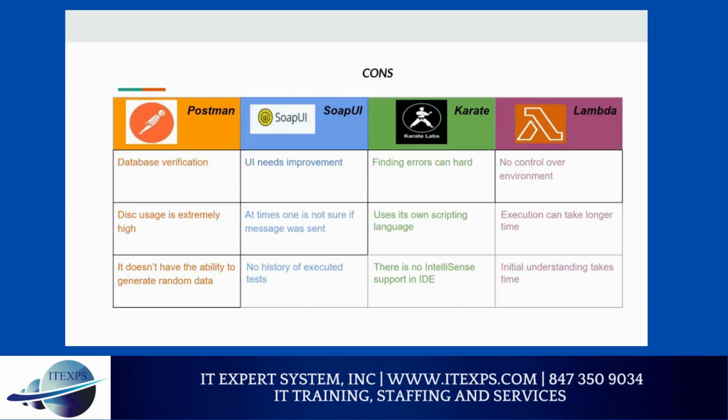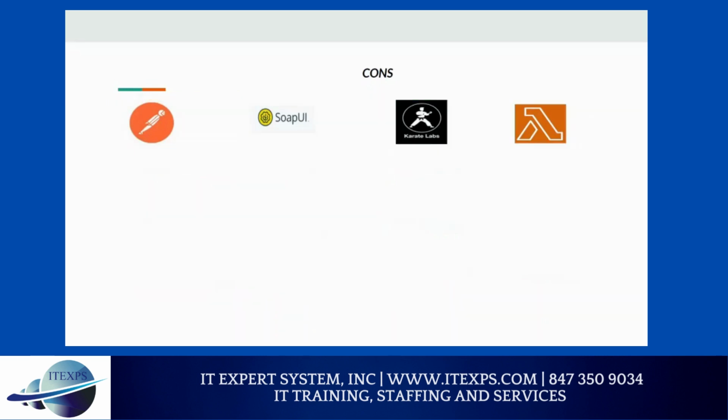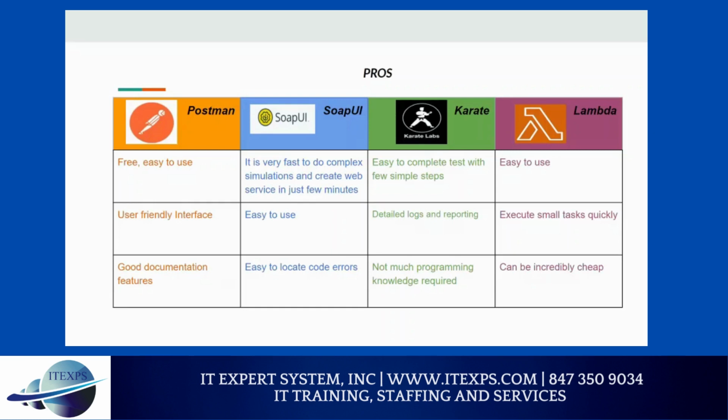Karate is also easy for completing tests with a few simple steps, with detailed log reporting and not much programming knowledge required. And Lambda is easy to use, easy to execute small tasks very quickly, and can be incredibly cheap, as we know.